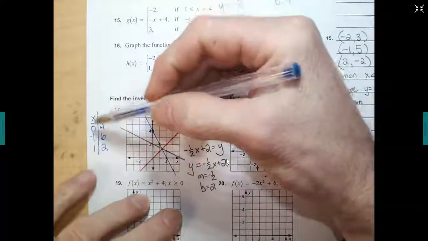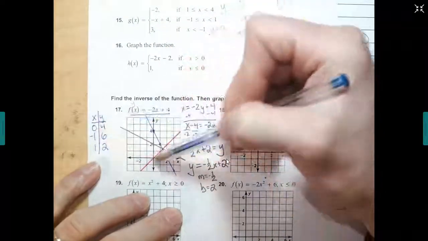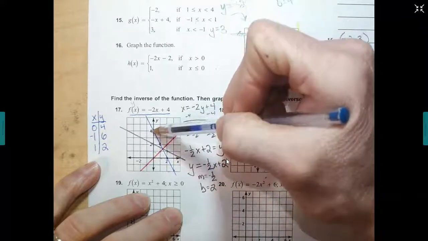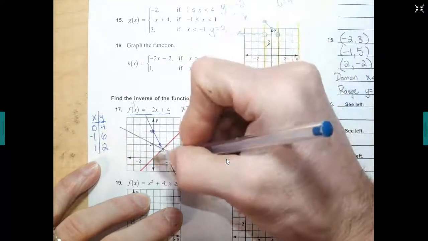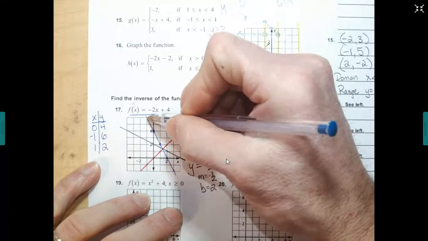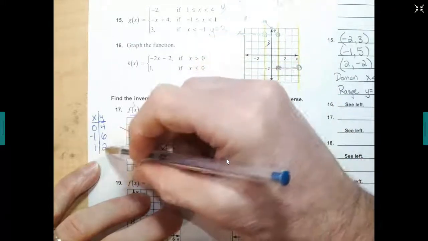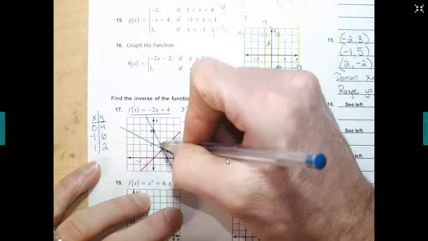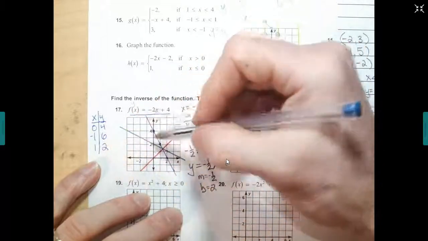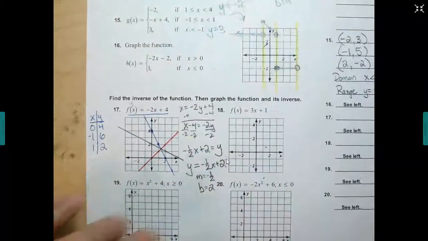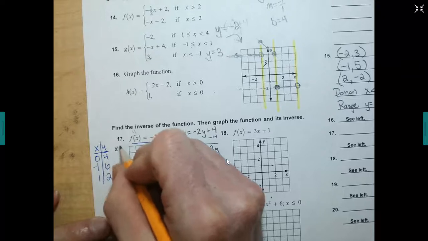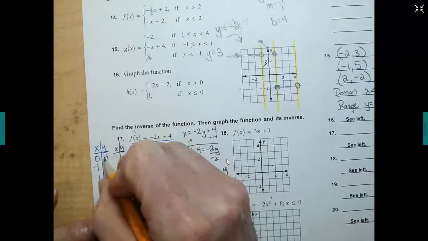So that's enough to plot. 0, 4, there's 1 point. Negative 1, 6, there's another point. 1, 2, there's another point. So I've got enough points to graph my function. And then my inverse is just I reverse these, right?